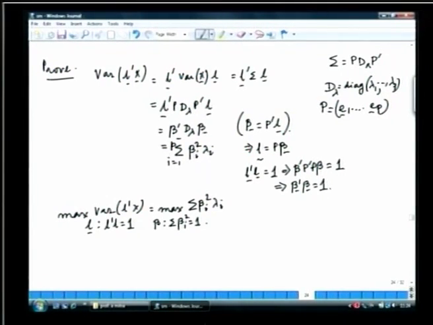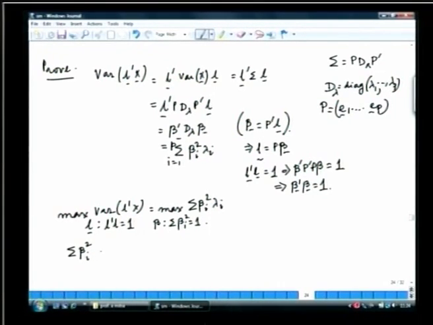So, if I can obtain an upper bound of this expression subject to the condition that summation beta i square equal to 1, then I am through.